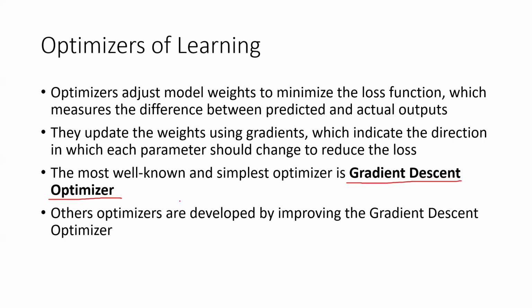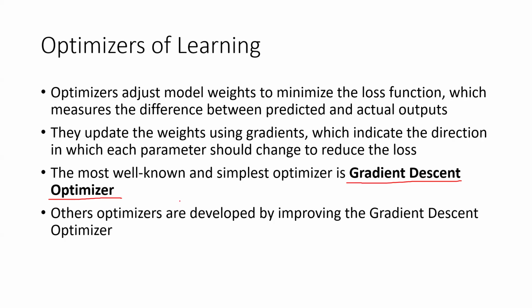So the gradient doesn't handle each of these dimensions independently, right? So you have to independently update the learning rate of each of these gradients in each of these dimensions. So these concepts were included into the gradient descent algorithm, and they have developed different forms of optimizers with time.